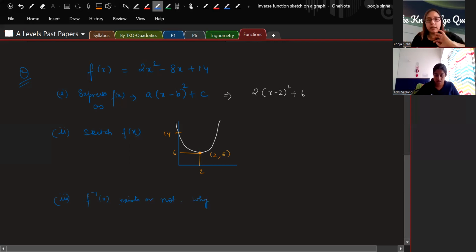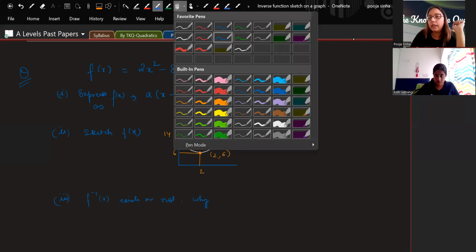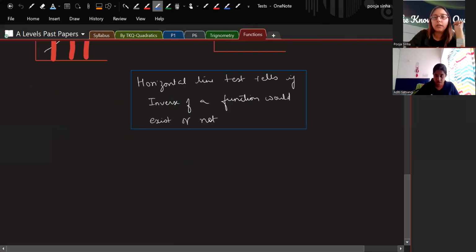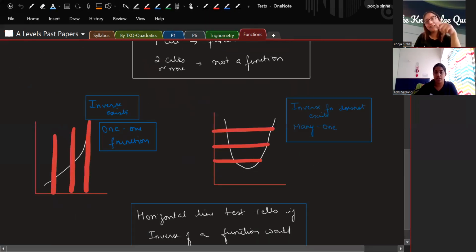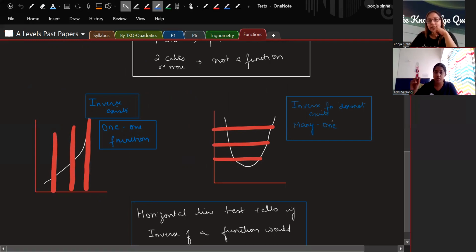Now for this, Aditi, we have learned something today itself. The vertical line test or horizontal line test. For checking for inverse, which test was it? For checking for inverse it will be the horizontal line test. And what did we learn here? If a line cuts at 2 points, it is a many to one function. For a many to one function, will an inverse exist?